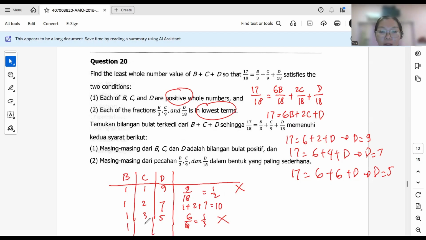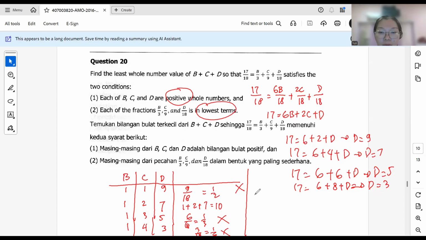Keep going. Try 4. 17. 6 plus 8. D is 3. If D is 3, 318. No? Okay, keep going.